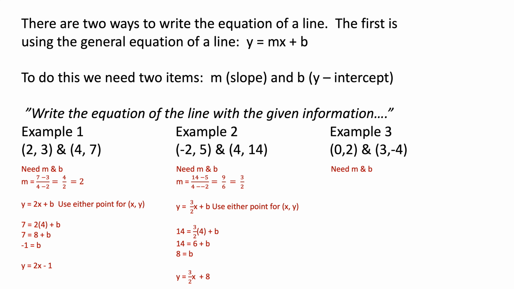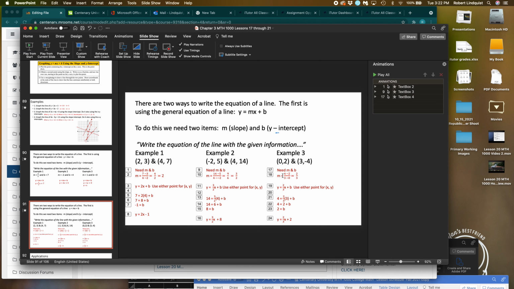Okay, so as we said before, we need the slope and the y-intercept. You can see the process doesn't change. Okay, so the slope is going to be, oh boy, I made a mistake here. Let me go correct it. This should be a negative 4 right in front there, which makes this a negative 6.